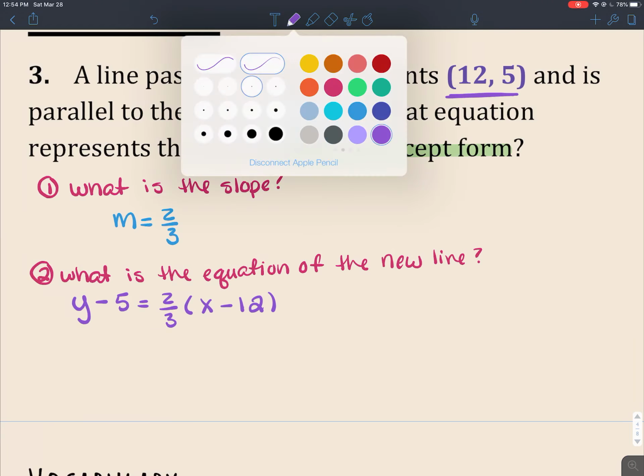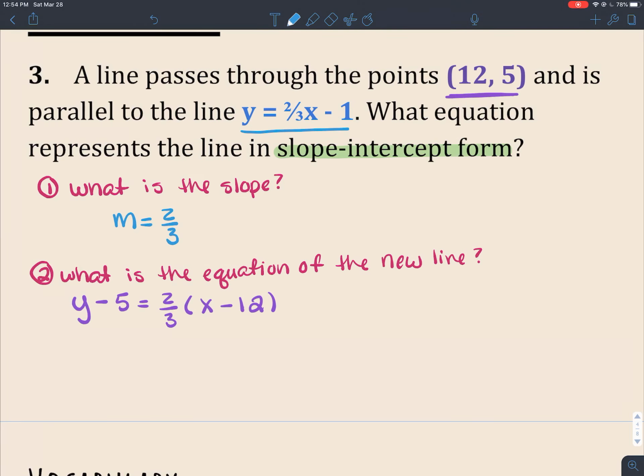But we need it in slope-intercept form, so we are going to distribute. That's the first step. We have y minus 5 is equal to 2/3 times x gives us 2/3 x, and then 2/3 times negative 12. I will do this piece off to the side.